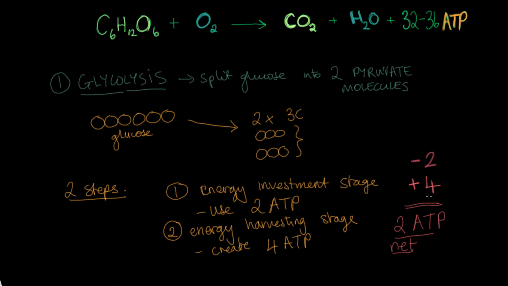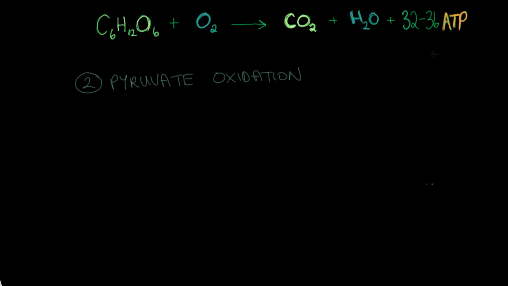So these pyruvate molecules are now going to go to the second step of cellular respiration, which is pyruvate oxidation. So in this second step, we are going to oxidize the 2 pyruvate molecules. And if we remember the term oil rig, remember that oxidation is a loss of electrons.